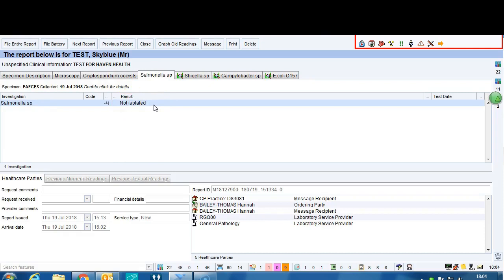Why can't they just use the same term? Negative. Shigella, negative. Campylobacter, negative. E. coli, negative. So they're all negative. Description of specimen, ignore that. It's going to be formed or unformed, which makes it solid stool or liquid stool. Doesn't matter. As long as the rest of them are negative, it's fine.